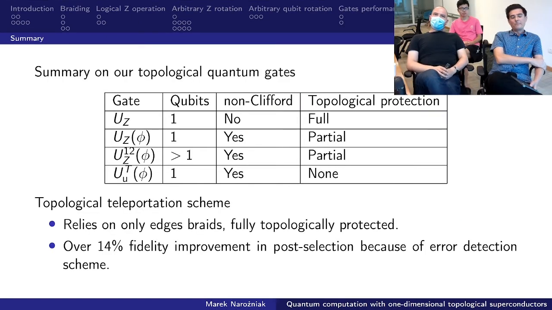So to summarize our gates, we have a bunch of UZ gates. One is fully topologically protected, 2 others are partially topologically protected. We have 3 non-Clifford gates. Sadly, the arbitrary rotation has no topological protection at all, but we do have 1 multi-qubit entangling gate, which is also a non-Clifford gate.